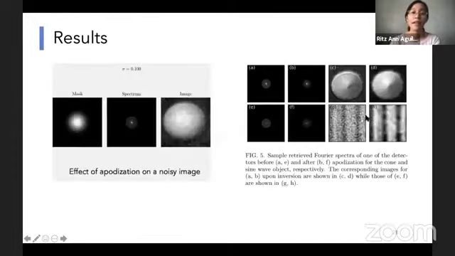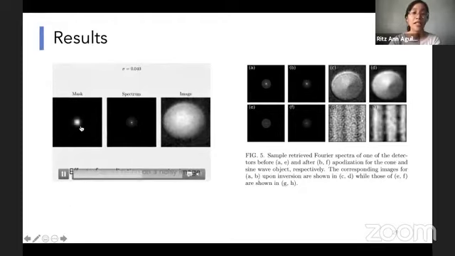And then here is a sample effect of apodization on the noisy images. So starting with a standard deviation for the Gaussian function equal to 1 down to 0.1.